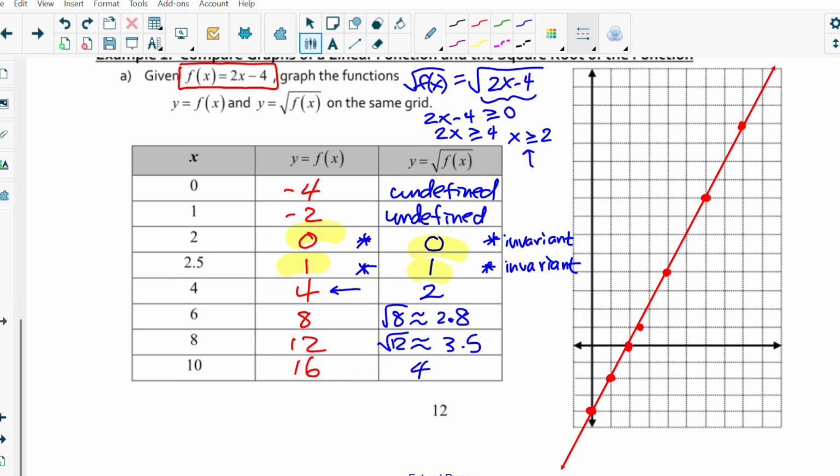All right, and then in blue, let me do the square root. The first point is (2, 0), right there, invariant point. Then 2.5 and 1, so right about there. 4 and 2, right about there. 6 and 2.8, right about there.